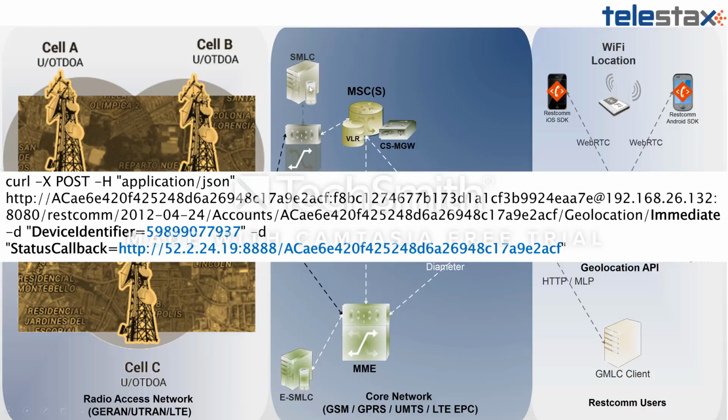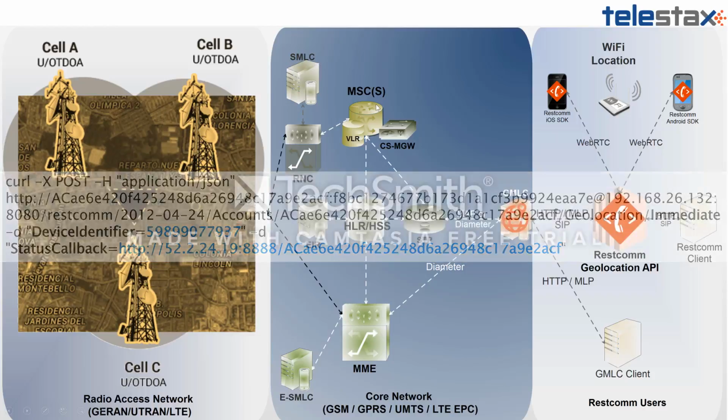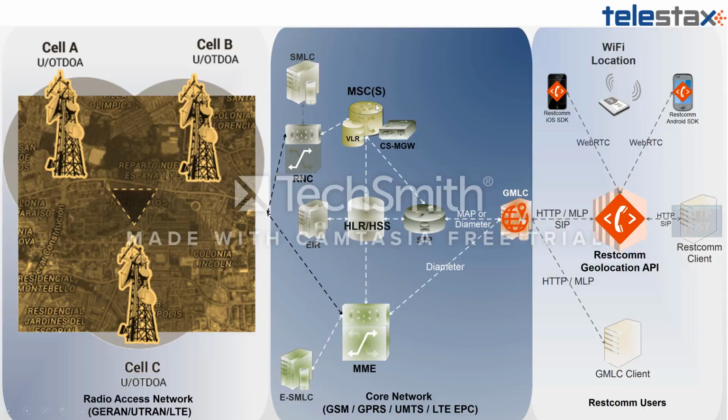So let's see what happens. The Restcomm client will send that HTTP POST to the Restcomm Geolocation API, which will generate an HTTP GET to the GMLC, which will trigger a MAP Anytime Interrogation request to the HLR.